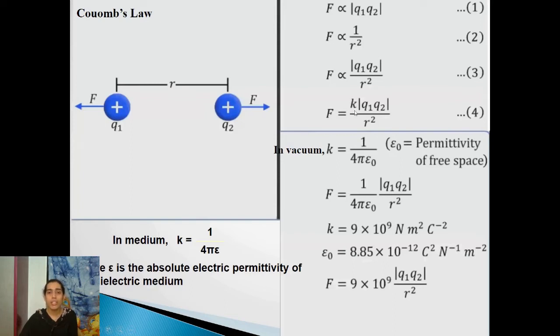Here you can observe this term K. K is the proportionality constant which is equal to 1 by 4 pi epsilon naught. If we are considering these 2 point charges held in vacuum, then the K value will be 1 divided by 4 pi epsilon naught.